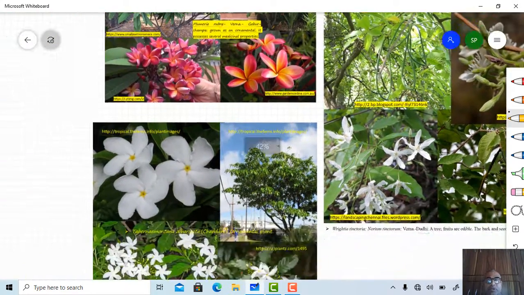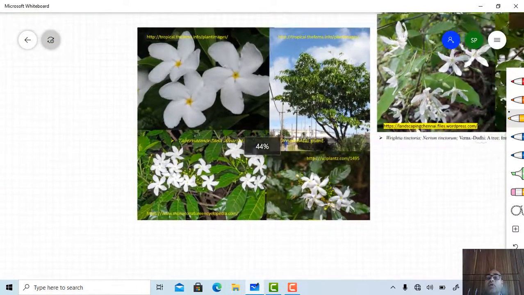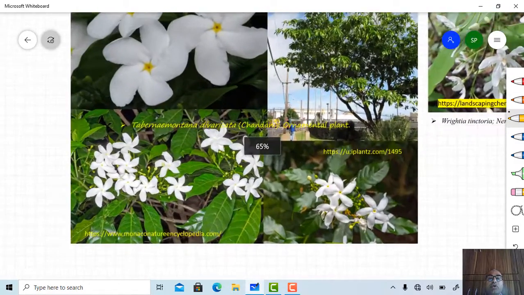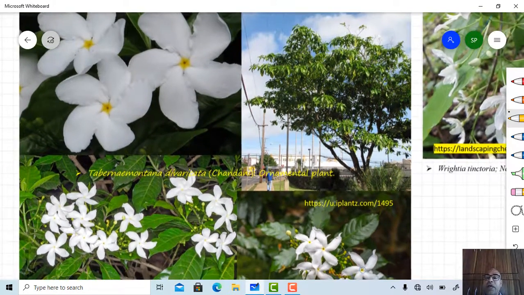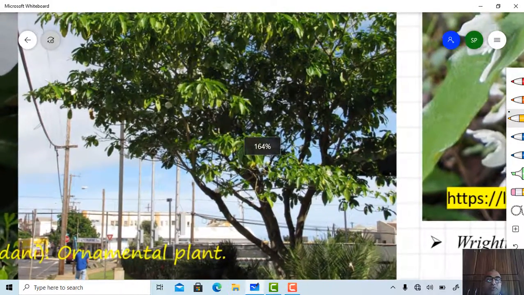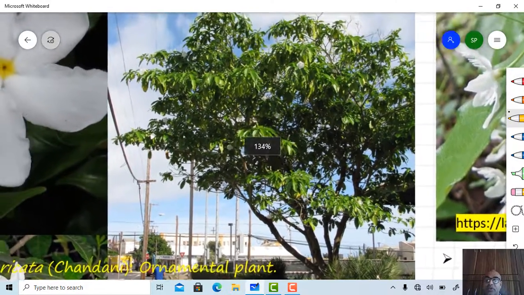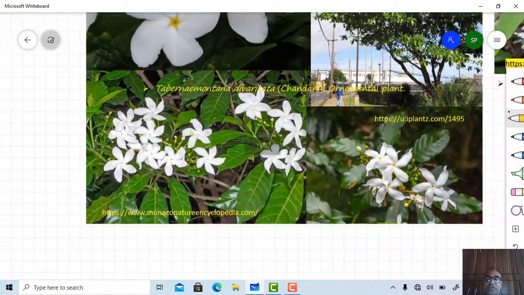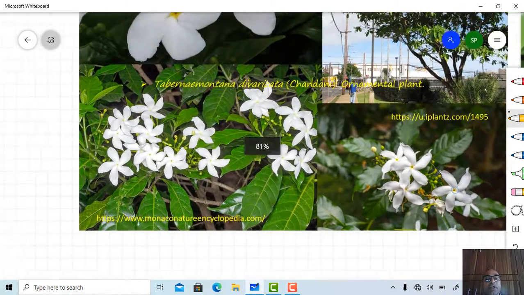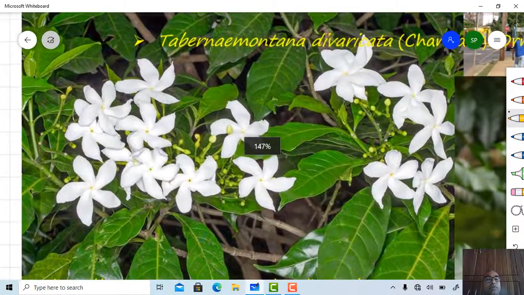Next one is one more common plant, Tabernaemontana divaricata, Chandni plant, one of the ornamental plants. Just see the habit of this plant. Okay, this is a habit of the plant. Then just see, this one is a twig of the plant.